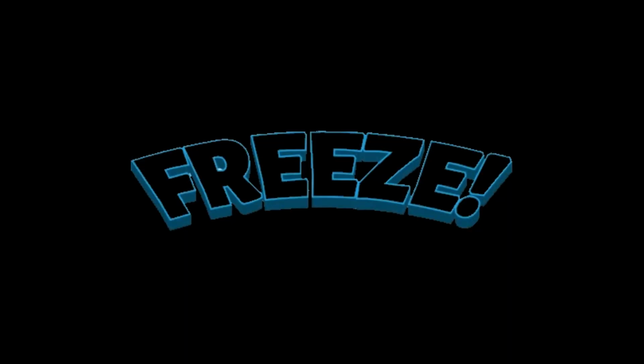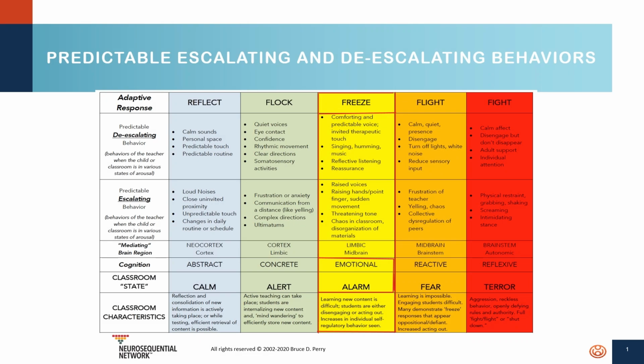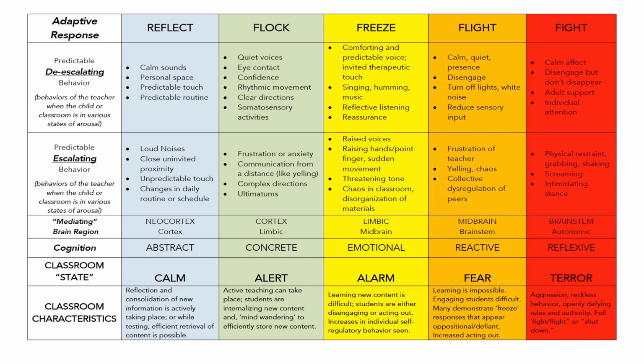Now look at the predictable de-escalating behaviors and predictable escalating behaviors rows in the freeze column. The de-escalating behaviors section lists things you as a parent or caregiver can do that will predictably calm and regulate the child and move the child to the alert or calm state.